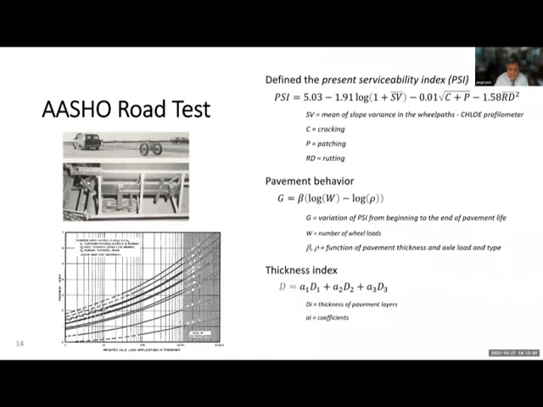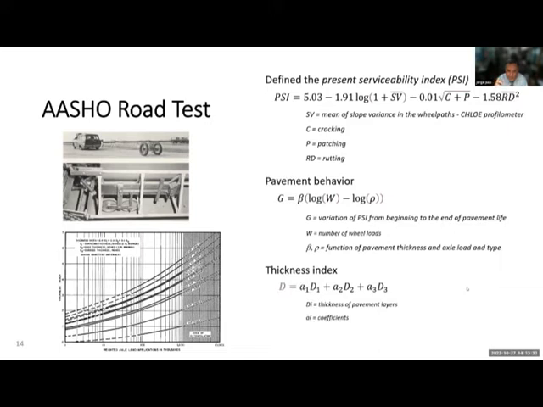And the most important result was the definition of the PSI, the pavement serviceability index, that defined the quality of a pavement based on the roughness, here defined by the SV parameter, the cracking, the patching, and the rutting.